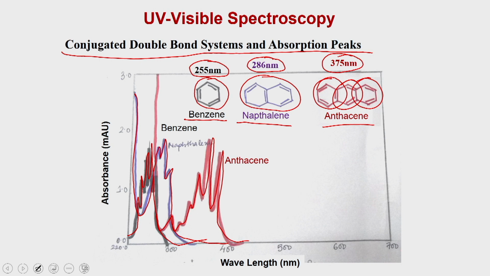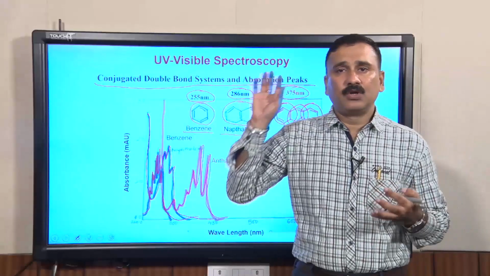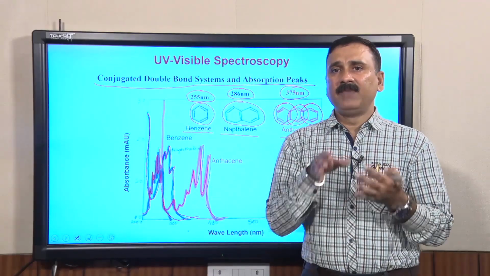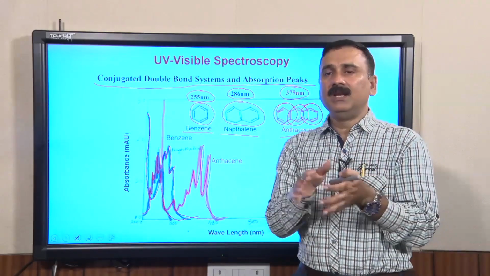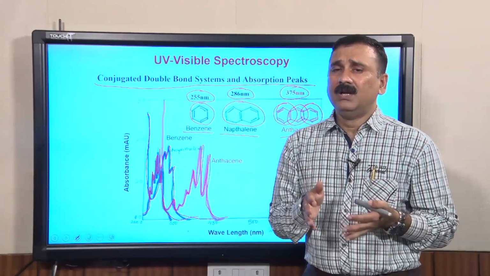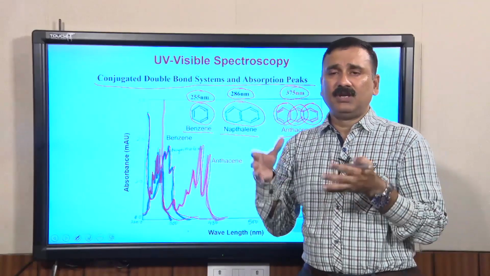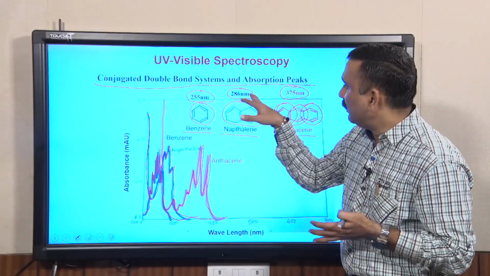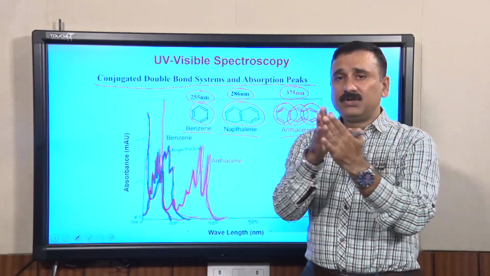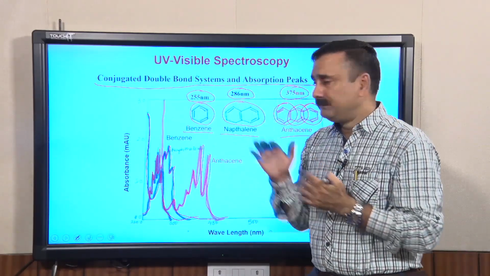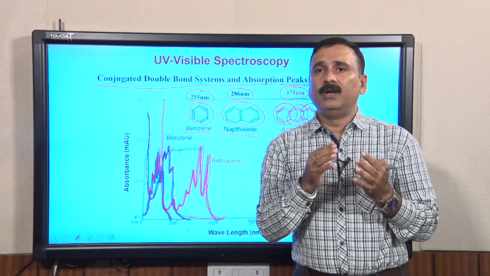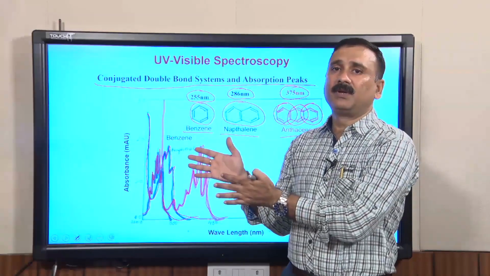So, apart from the appearance of a functional group, if you have a conjugated double bond system with a single ring, benzene, you see the lambda max at 255 nanometer. If you have the double ring, present in naphthalene, then you have the lambda max at 286 nanometer, which means you are shifting towards the right. And then if you have anthracene, you have a further shift in the absorption spectra.